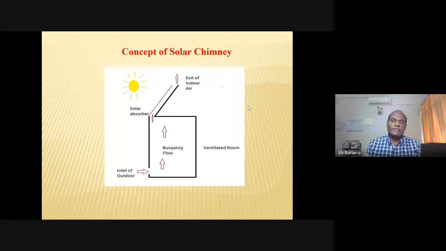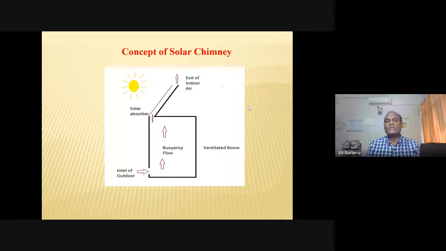So the air adjacent to that absorber plate becomes hot, and because of the buoyancy effects, it flows in the upwards direction. This flow of air sucks the air from all the openings in the building, so a motion of air can be driven. This air driving can be obtained from solar energy with the help of a solar chimney.